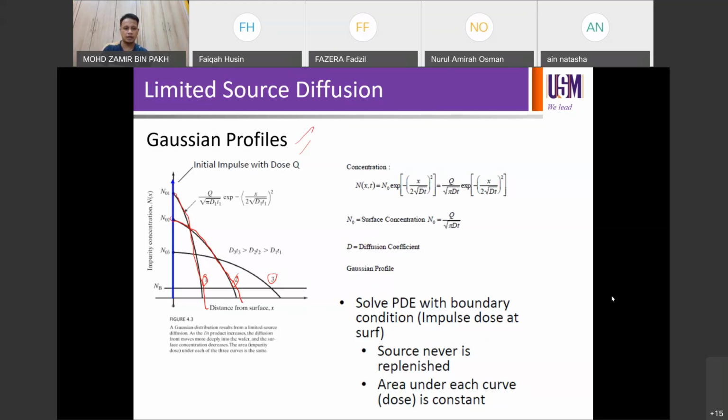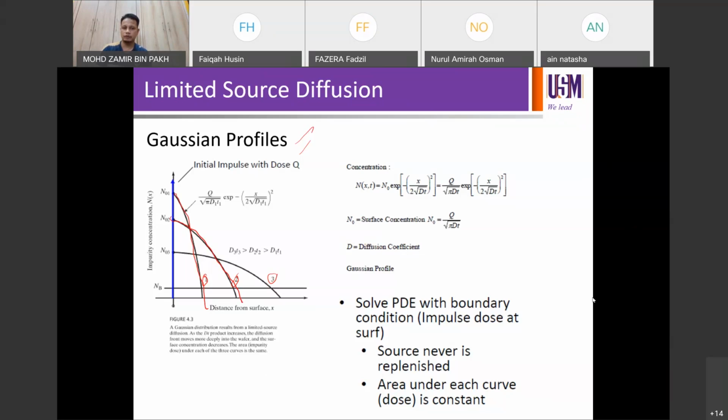Any difference to the N naught between Gaussian and error function? Shazwani, any difference? Higher impurity concentration, lower depth.